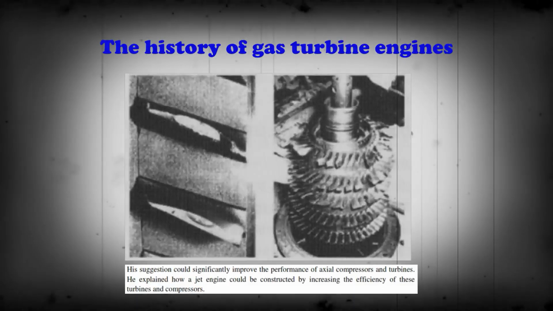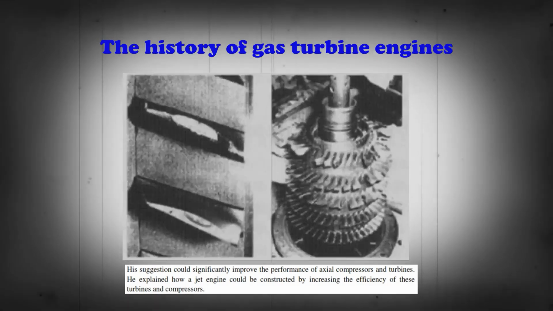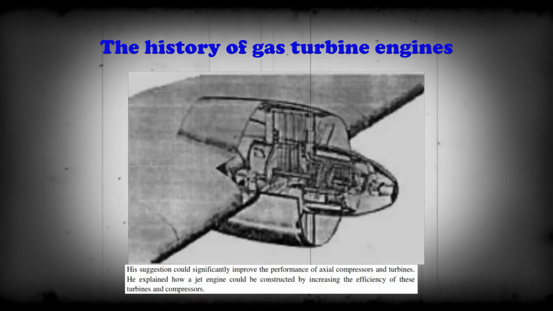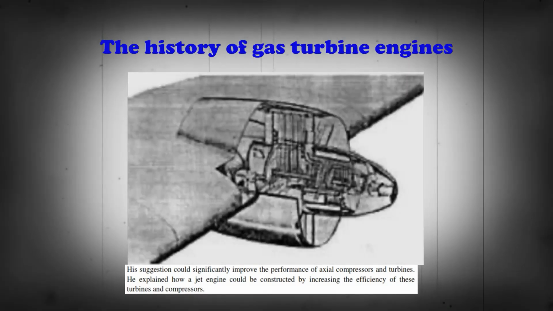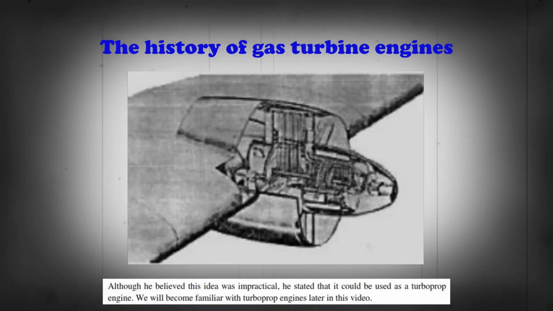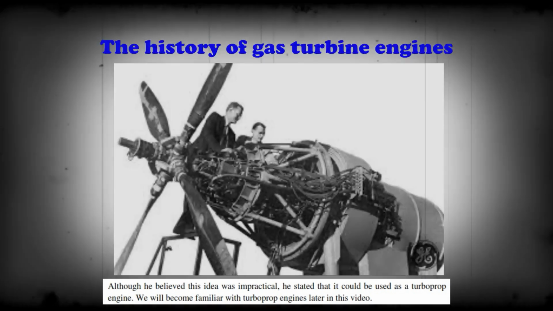His suggestion could significantly improve the performance of axial compressors and turbines. He explained how a jet engine could be constructed by increasing the efficiency of these turbines and compressors. Although he believed this idea was impractical, he stated that it could be used as a turboprop engine.